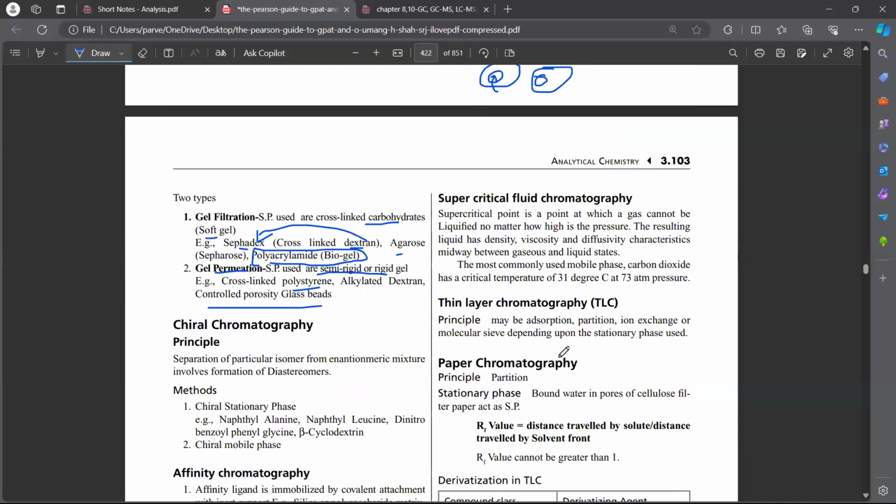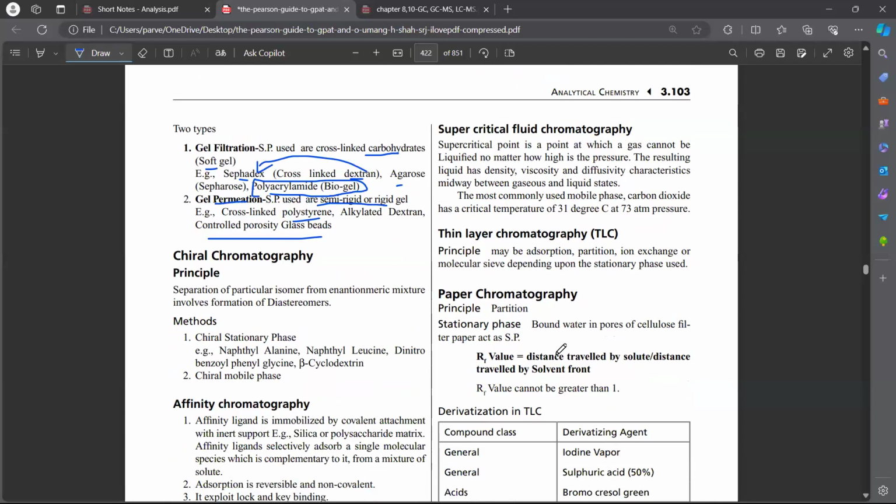Next, let's talk about thin layer chromatography. We take a thin plate, which can be made of aluminum or glass, and on its surface we coat an adsorbent material.